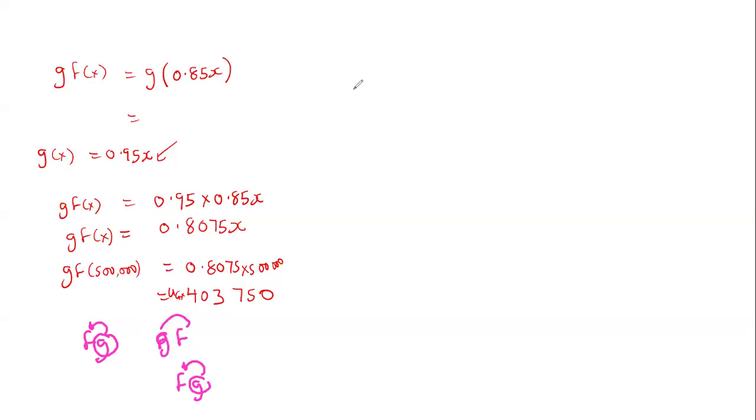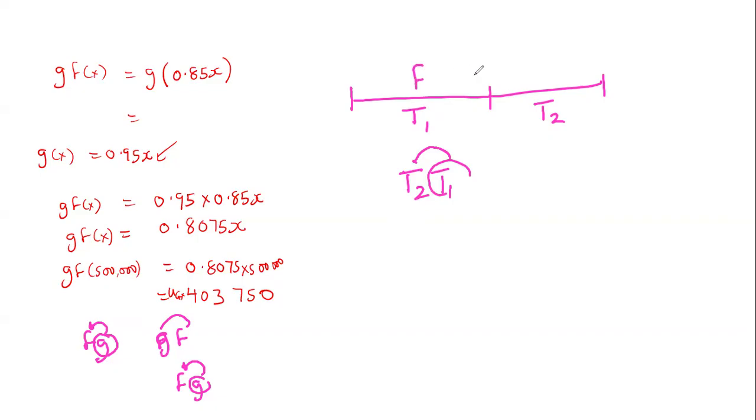If you were around when we were covering transformations, I told you that when we write T2 T1, this means T1 was applied before T2. So when I write gf, it means f followed by g. So you can pick an idea from that.